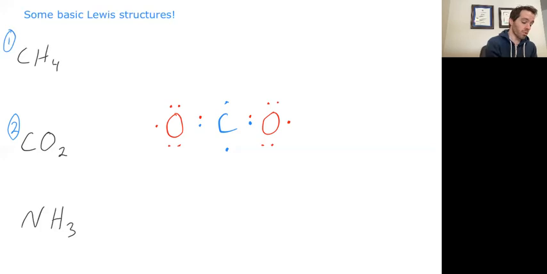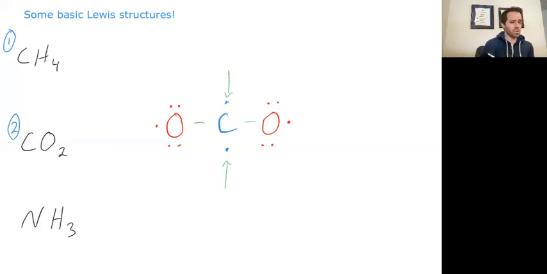This is a little bit more complicated because even though I can erase these pairs and replace them with a chemical bond, nobody's happy yet because the carbon in the middle has an electron up here and an electron down here, and it also has 2 electrons in each of those bonds. That's only 6 electrons.